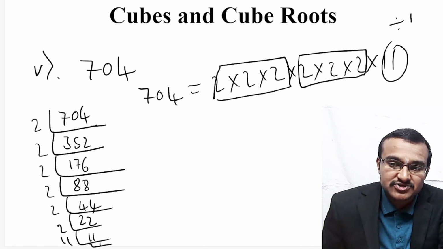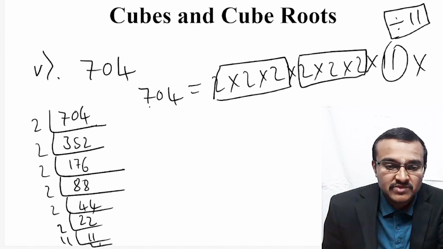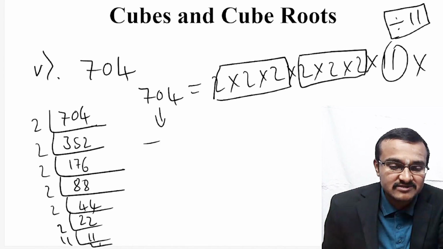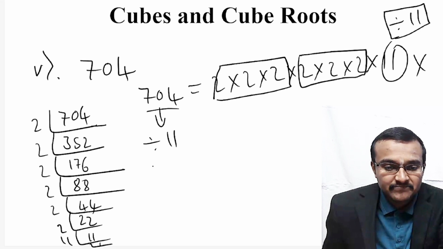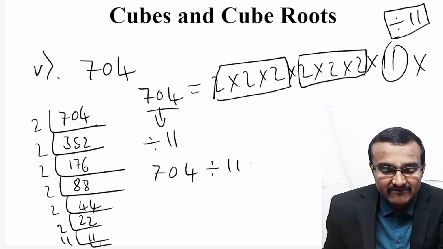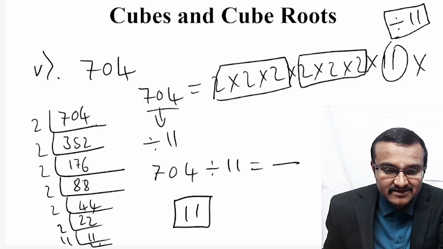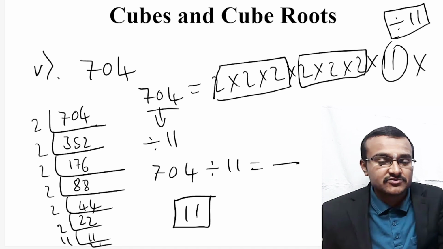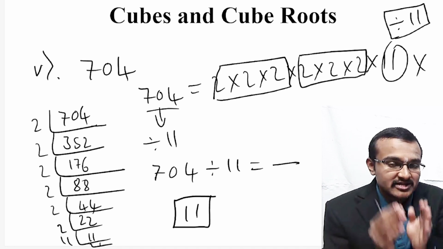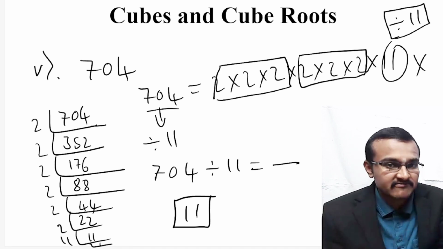So you should divide this with 11 so that you get rid of that 11. When you do 704 divided by 11, you will get a perfect cube. So 11 is the answer for this fifth question in the third question.